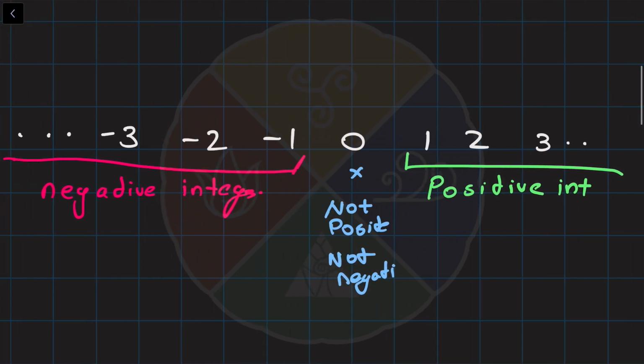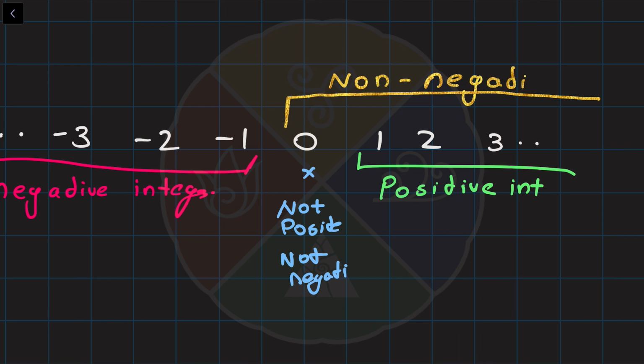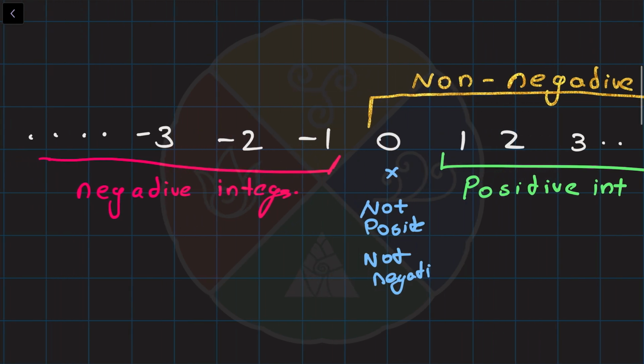Now there are some more definitions. Non-negative means the number is not negative. It can be 0, and it can also be positive numbers. So this category is known as non-negative integers. Now there is one more category known as non-positive integers.